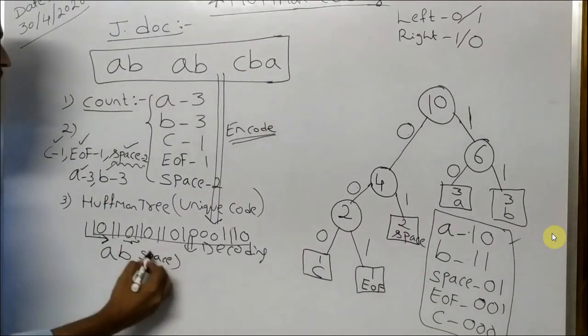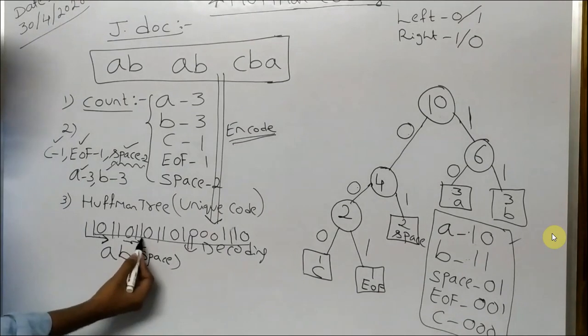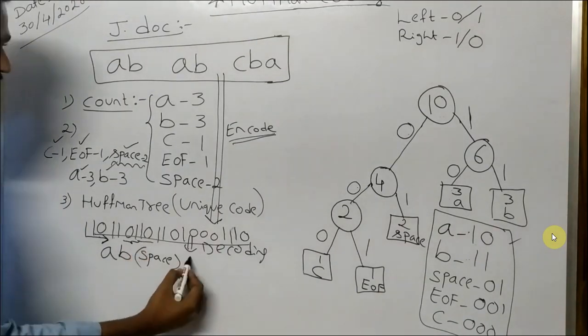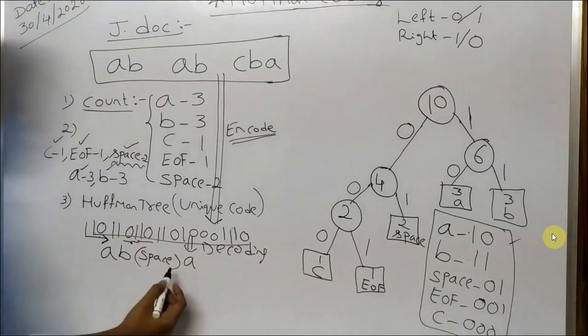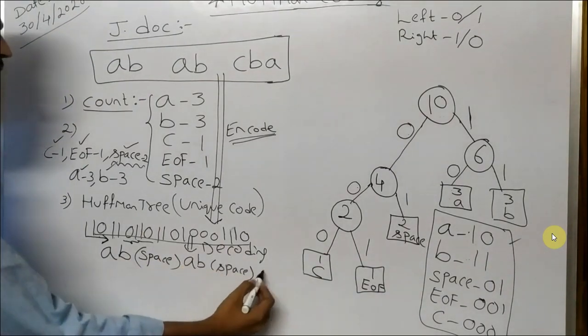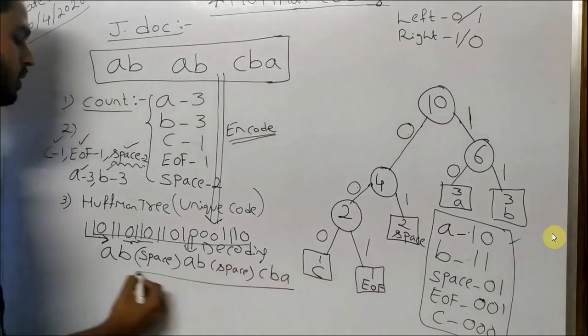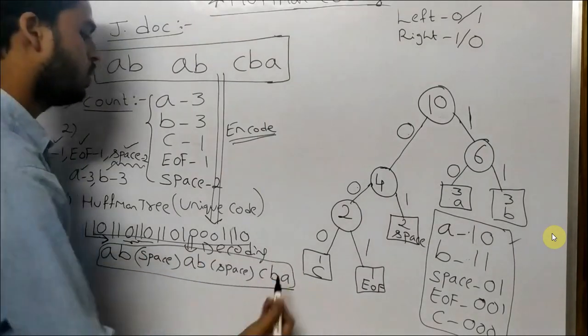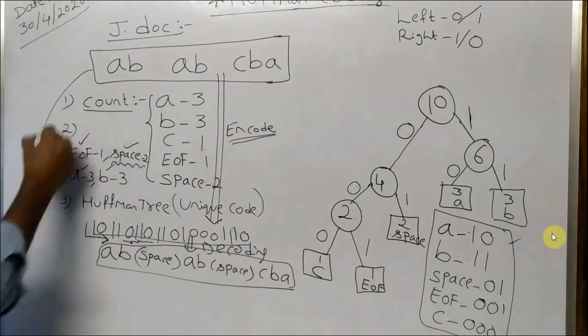Match with space. And next 1 followed by 0, 1, 0, A. So we'll do the process and so on like this. So we'll get AB space C B. So here also you won't lose any data.